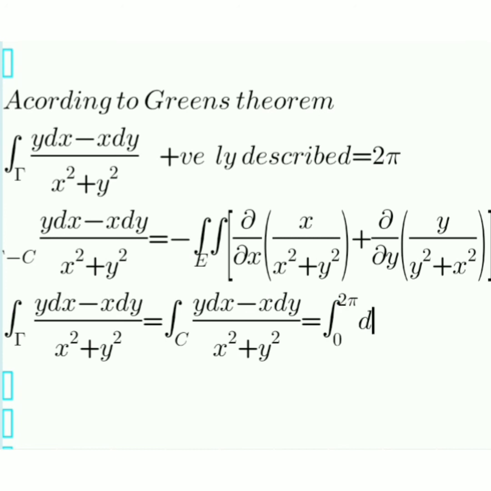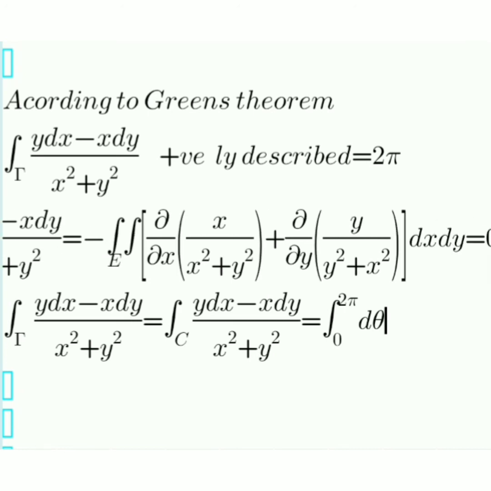Into d theta, friends. My circle is a unit circle, and the limits are 0 and 2 pi. I show that this value equals the circle value, and this value should be minus 2 pi.